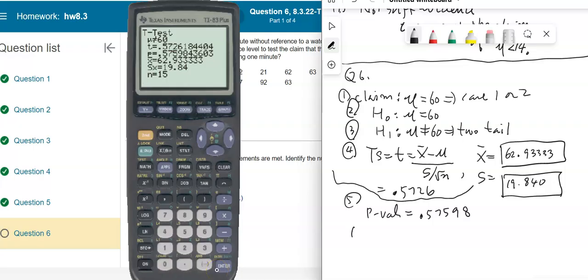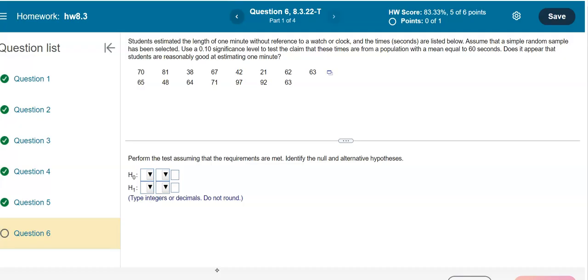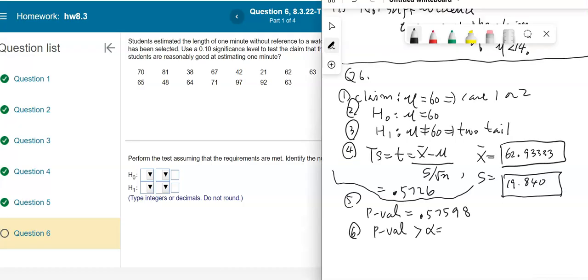Since the p-value, which is 0.57, is greater than alpha, what is alpha? 0.10. Okay, so 0.10 is less than the p-value. So then what are you going to do? Fail to reject the null hypothesis. Okay, that means what? This is case 1 or 2?